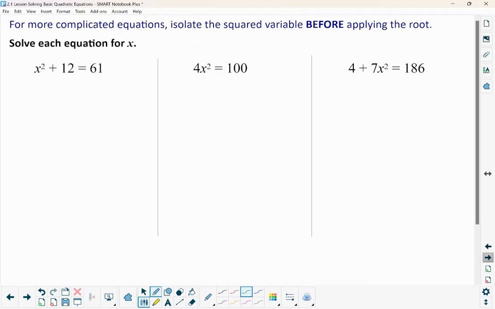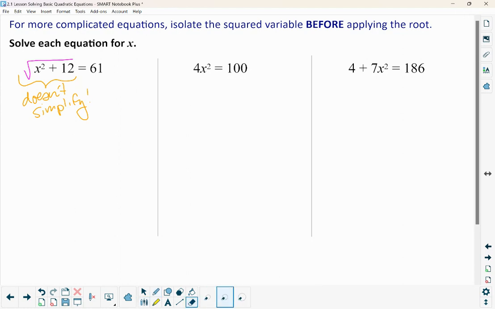For more complicated equations, you may need to do some steps before you apply the square root. Basically, we don't want to do the square root as our first step because the square root of x squared plus 11 does not simplify. So we want to undo that plus 11 first so that when we apply the square root, it actually is helpful.